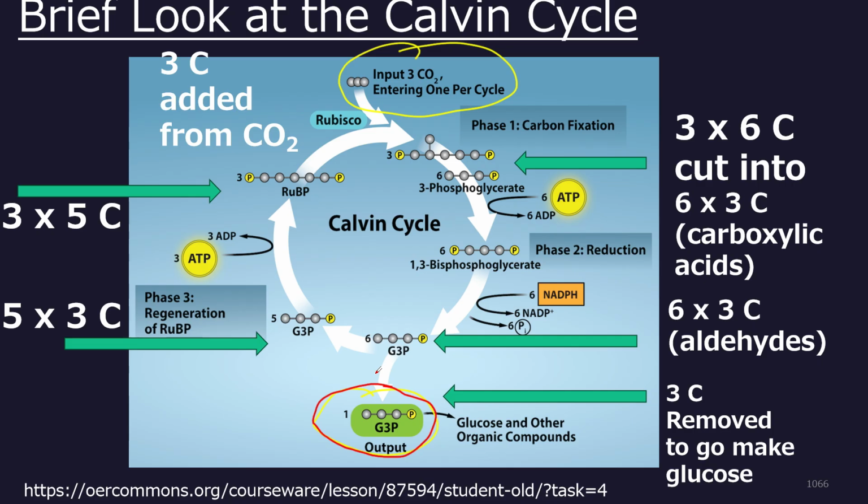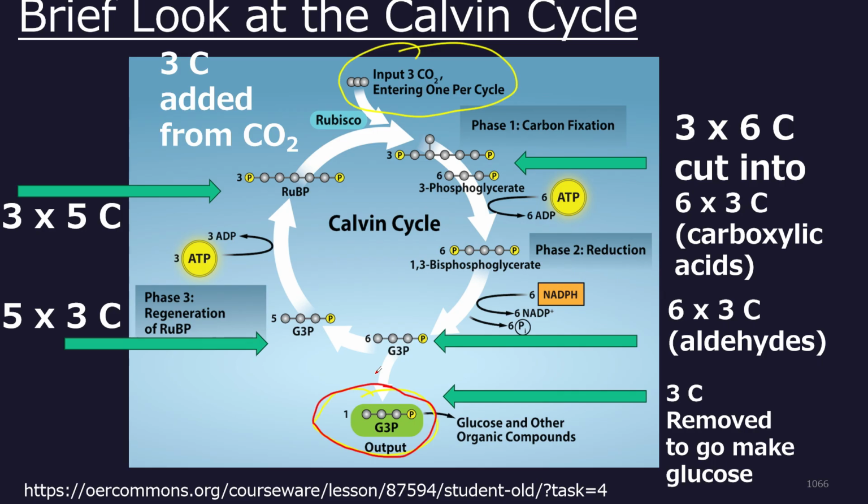So the net result of this Calvin cycle is 3 CO2 comes in, and then they get linked together, carbon-carbon bonded, in this G3P unit, which can then go on to make glucose, maybe if 2 of those combine together. But along the way, various things happen, right? Actually, within this cycle, we have longer chains going on.